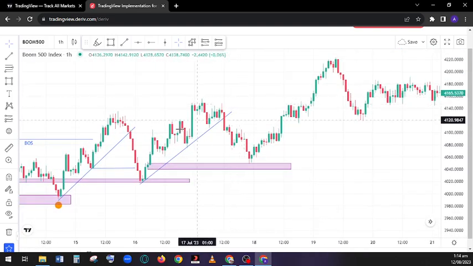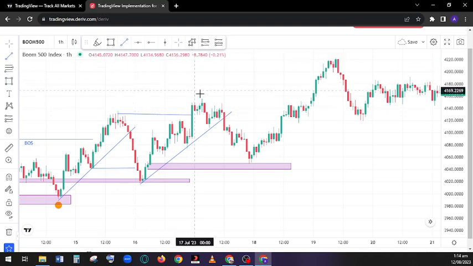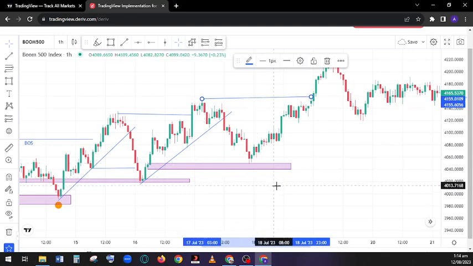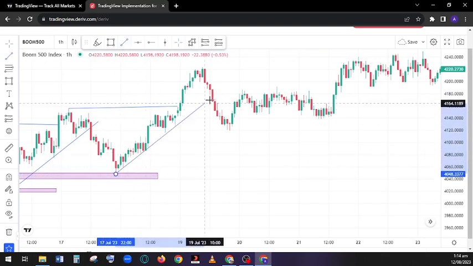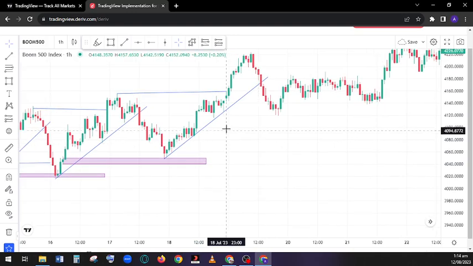We can see there is another break off. So this was our previous break here. Then our next break is here. Okay, so high, low, confirmation. Then you can see the trend line continues. Okay, these are liquidity points.